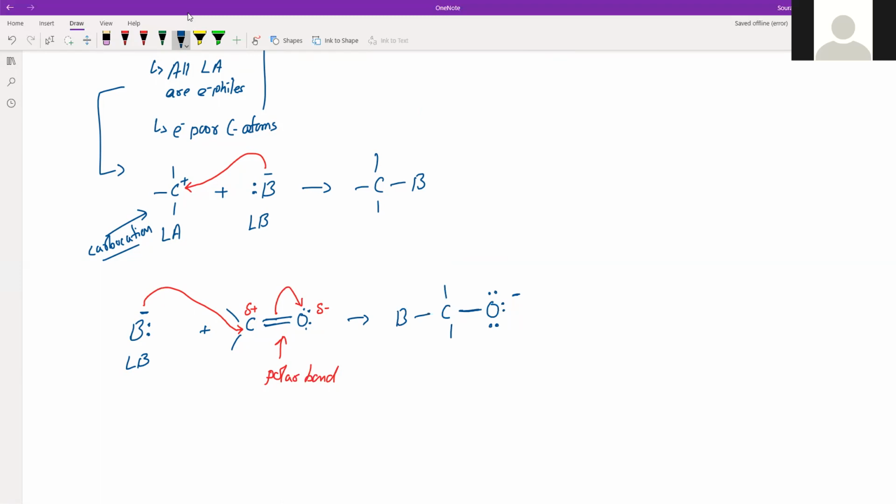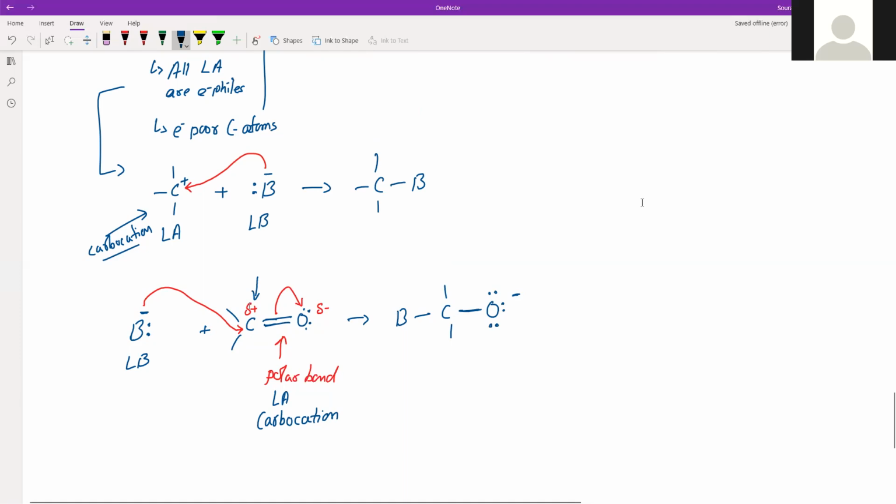Okay, so now again, this is the base, this is the Lewis acid, and as you have seen, the Lewis acid is a carbocation. So this is also a carbocation, and there is a partial positive charge developed here. Due to that, we can say that this is a carbocation.